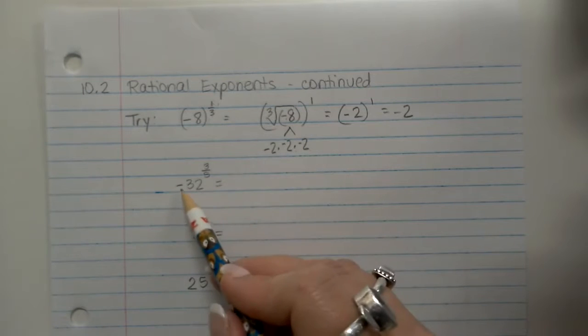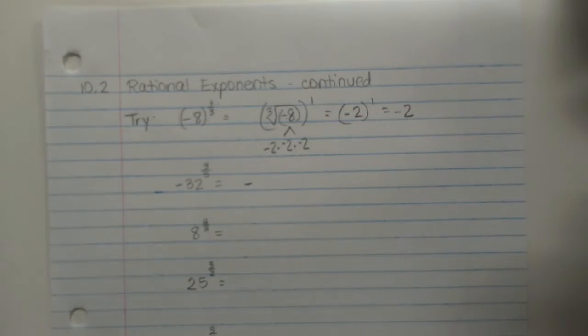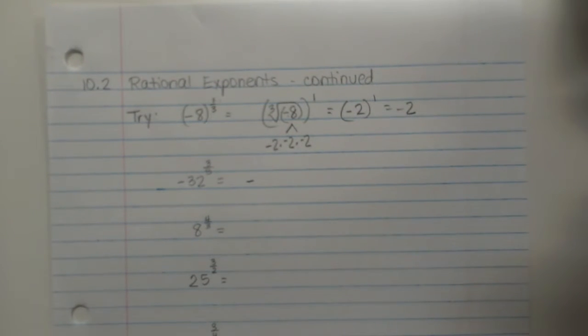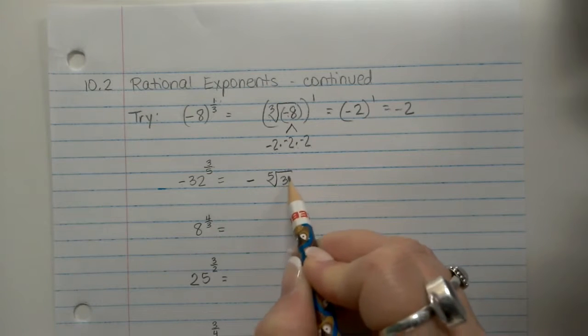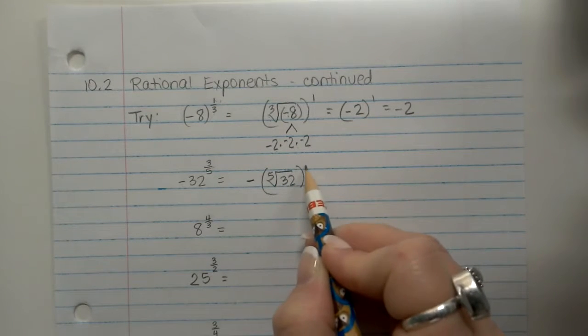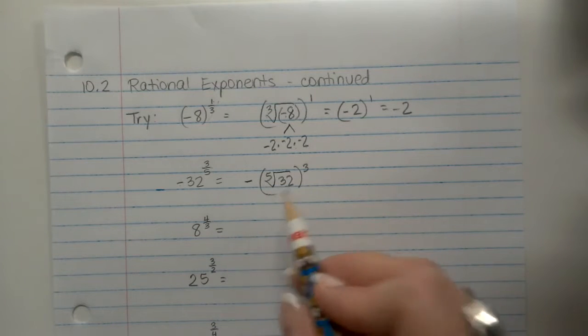Once again, this is not part of the exponent, so I'm just going to keep it out here, and I'm going to look for the 5th root of 32, and then take that number and cube it, okay? So I'm looking for 5 of something.